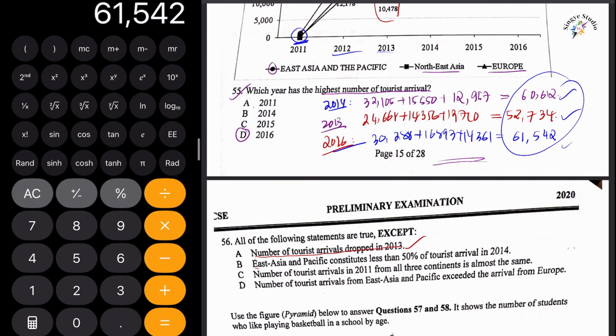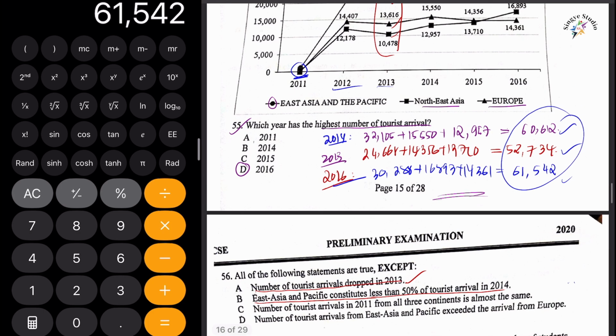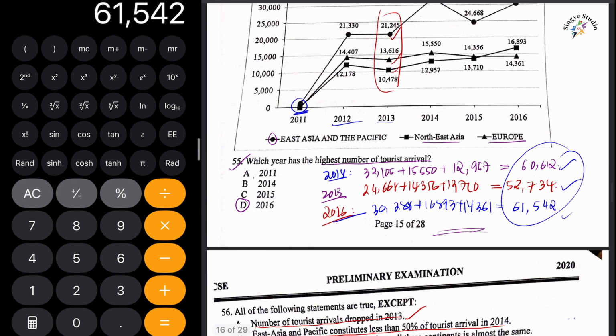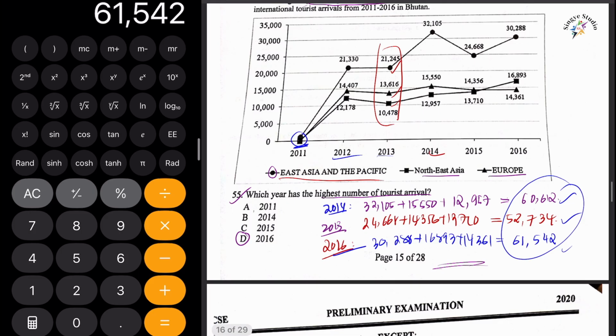It says East Asia and Pacific constitutes less than 50% of the tourist arrivals in 2014. Here you have to do a little bit of maths. You have to find what percentage of the tourists who arrived in 2014 were from East Asia and the Pacific. This is the number from East Asia and the Pacific, and these are from other countries.